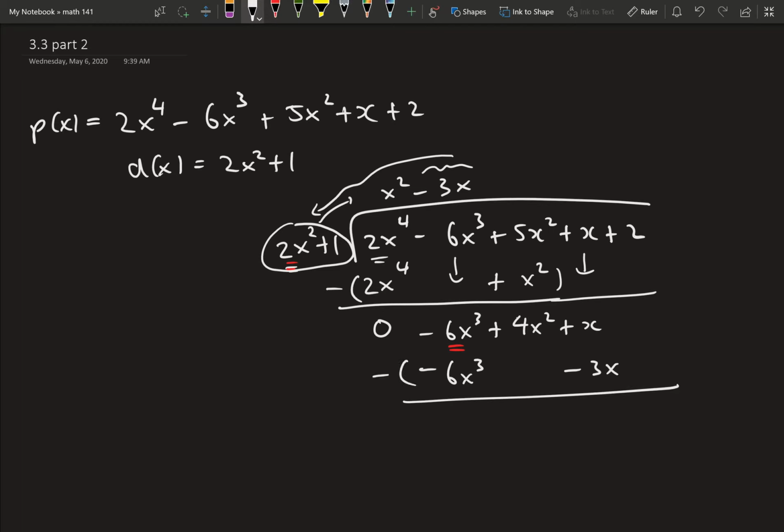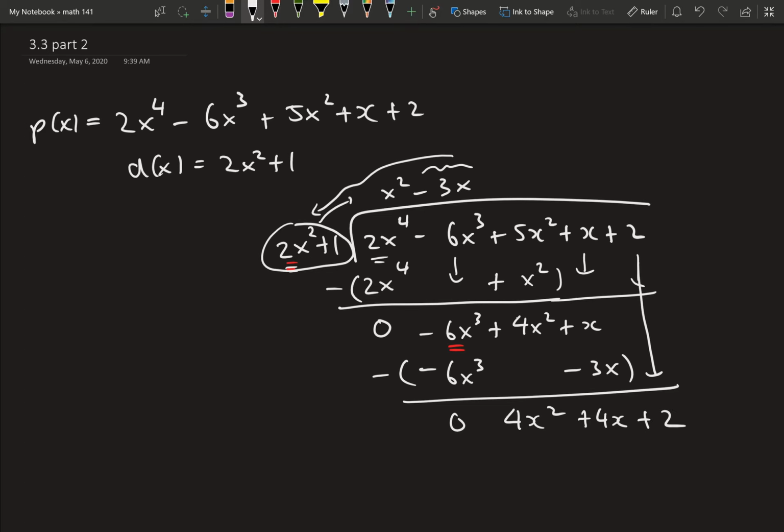And now subtract. And say, okay, these guys cancel again to give 0. Here I just have 4x squared, and then I have plus 4x. Okay? Because I have a plus x and a plus 3x overall, so plus 4x. And let me drop down the last term as well, which is the 2.